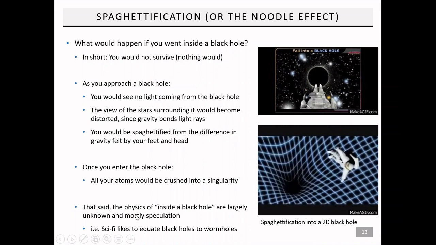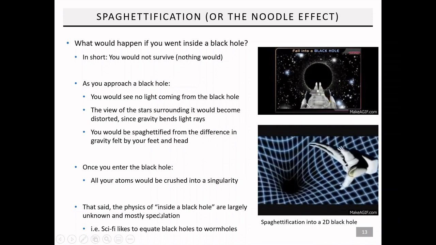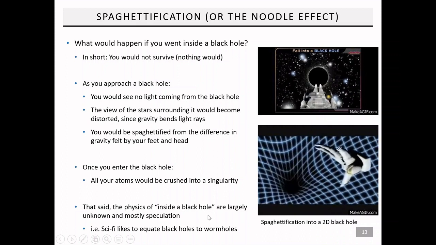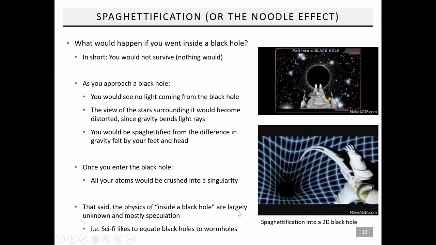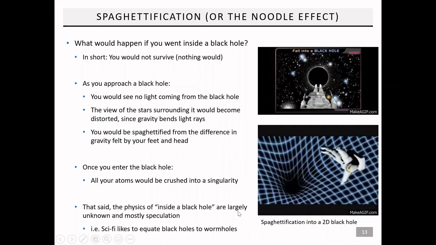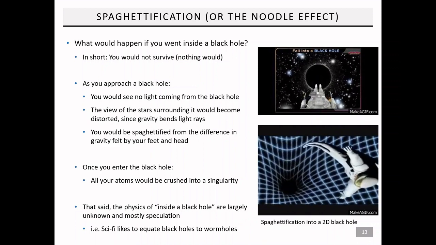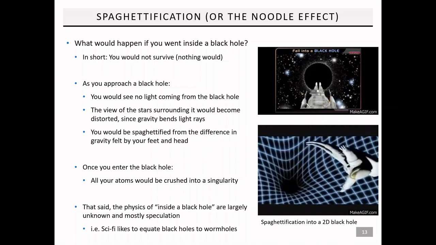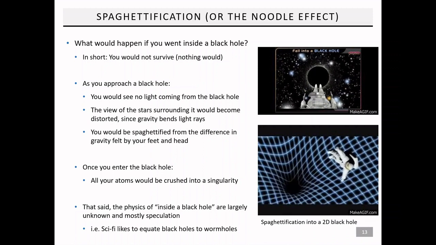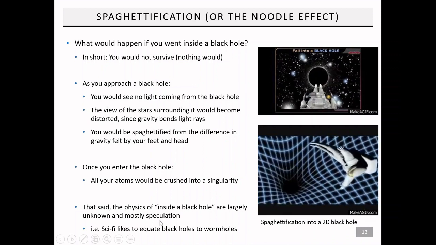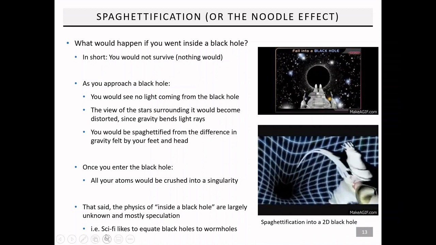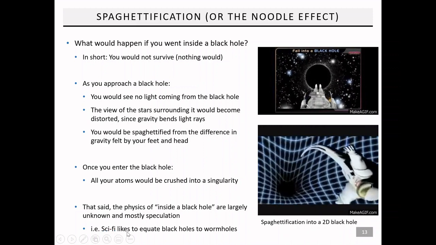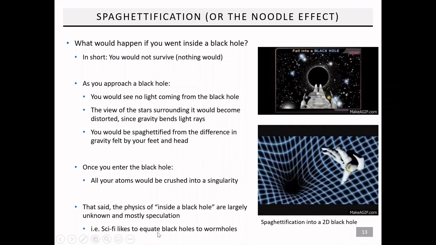Okay, so now all of that said, I should point out that the physics of inside a black hole, or even near the event horizon of a black hole, is largely unknown, and people study it a lot, even to this day. So everything I said is based on our current understanding of the universe, but it is mostly just speculation. And if you look to sources like science fiction or popular science, they like to speculate even more.